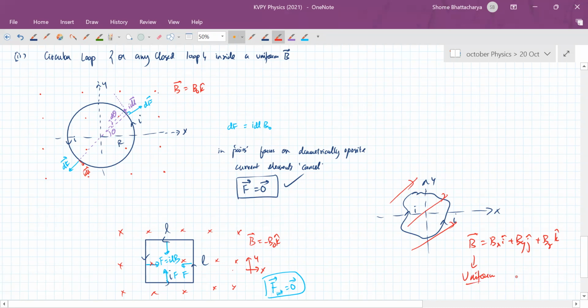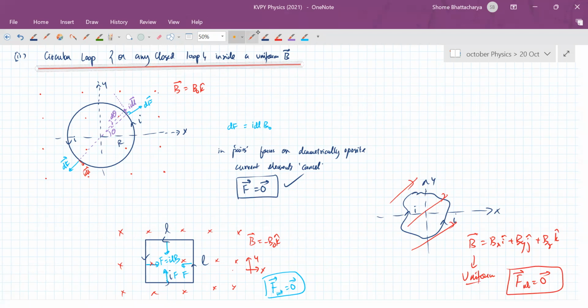So always the net force on the closed loop will be 0. This is an important concept. Any closed loop, that means any shape, but the field should be uniform. If the field is uniform, then the net force is 0.